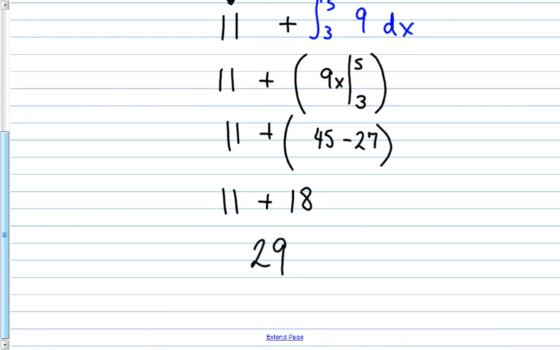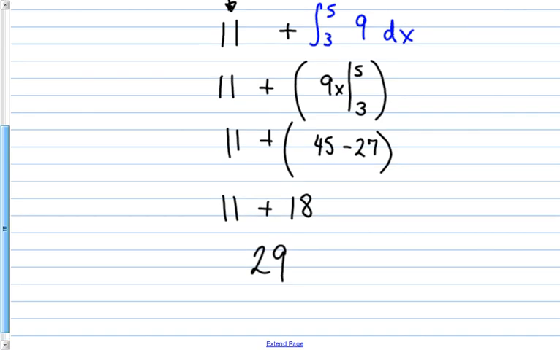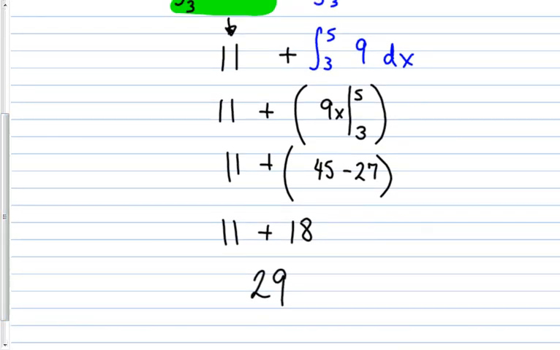You could have also thought of this geometrically. Like this right here is a graph that looks like this. This is 9. Let's call this 3. Let's call that 5. And here's my graph.